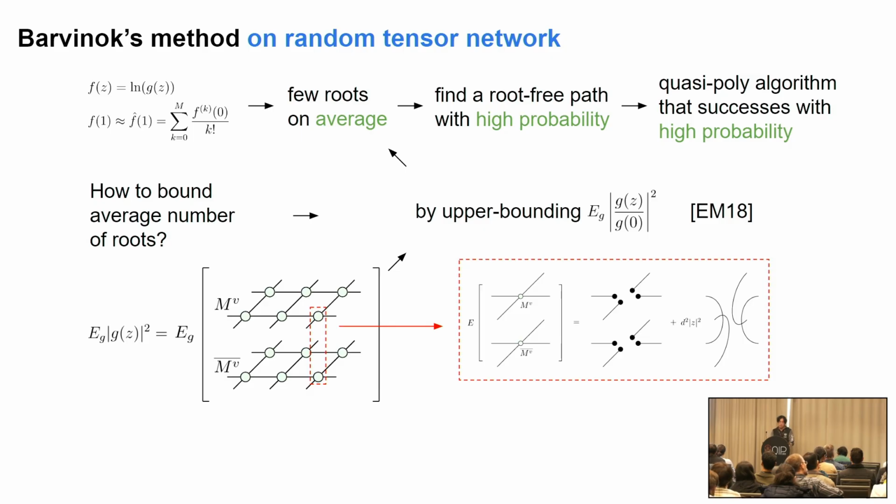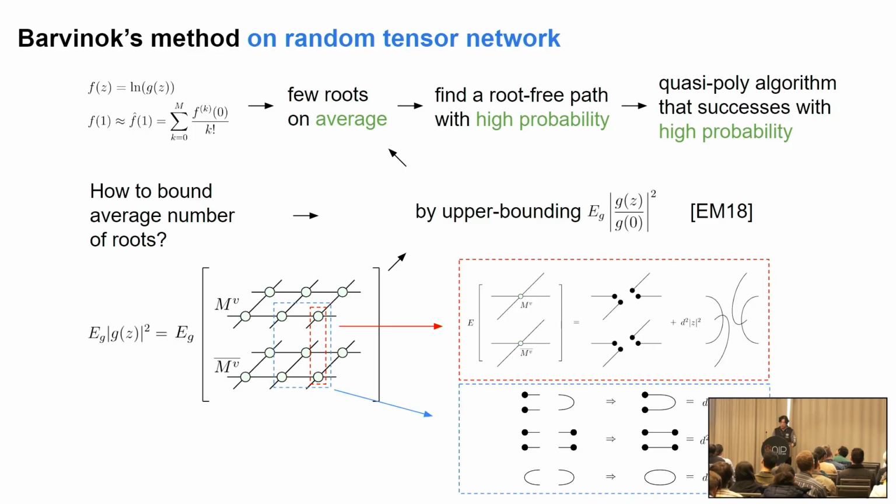This is simply an example of Wick's theorem, if you like. But you can also just calculate very simply, because the expectation of the product of two independent Gaussian variables is 0, and the expectation of the absolute value squared of a Gaussian variable is 1.